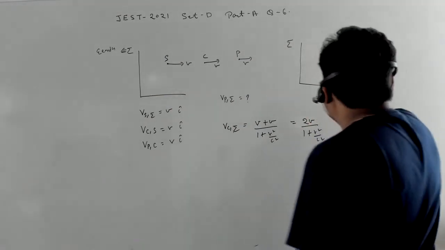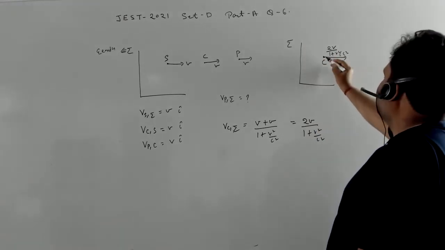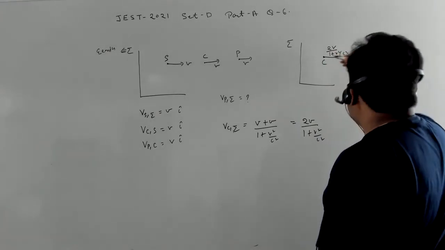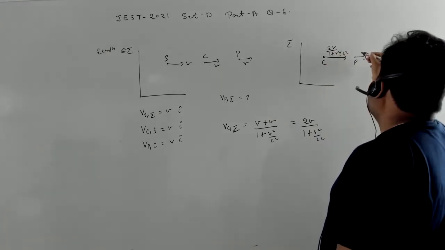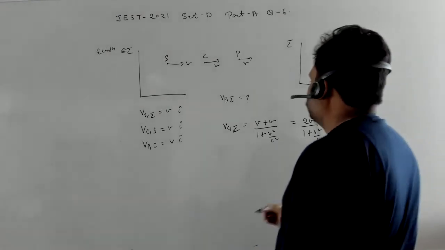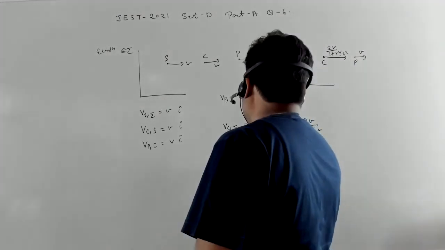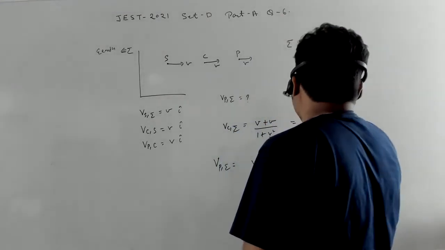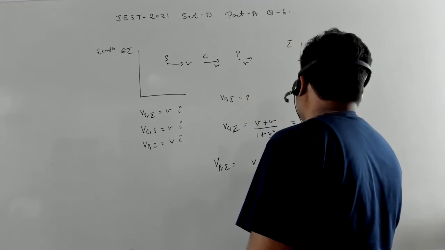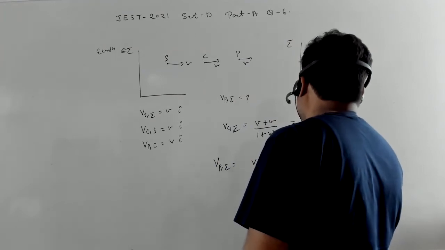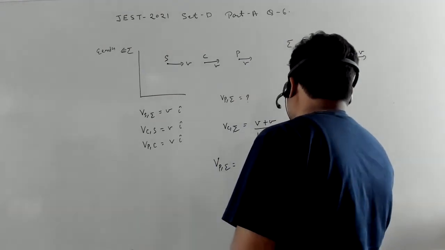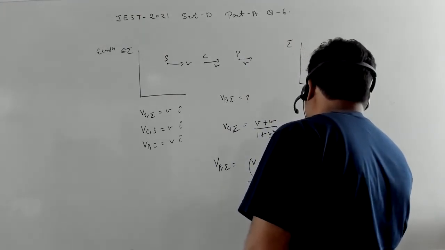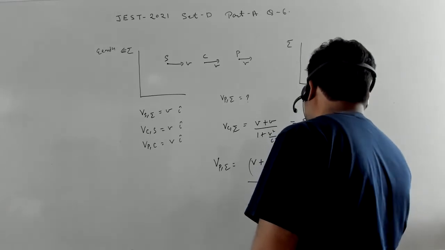Now it is also given that the probe is moving with respect to this craft with velocity v. Now we have to calculate the velocity of the probe with respect to sigma, which is v plus 2v upon (1 plus v square upon c square), divided by 1 plus v into 2v upon (1 plus v square upon c square), all over c square.